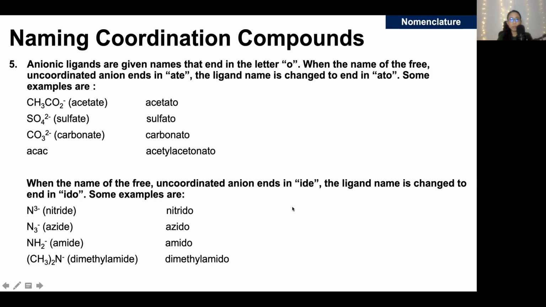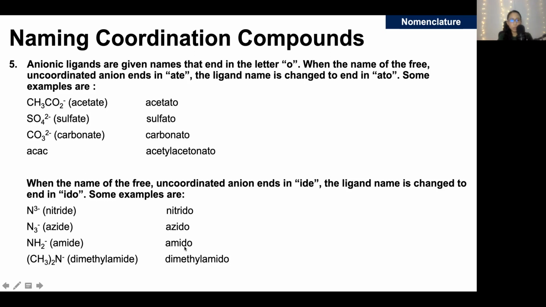If the name of the free uncoordinated anion ends in "ide", then the ending is changed to "ido". For example, nitride, which is nitrogen with a charge of -3, its ligand name is nitrido. Azide, which is N3 with a charge of -1, its ligand name is azido.